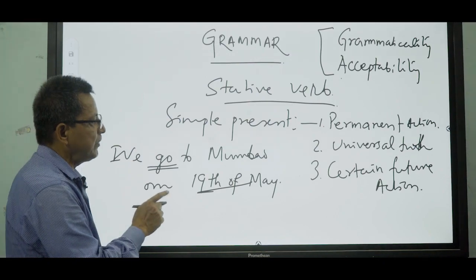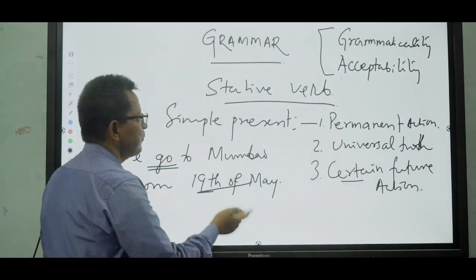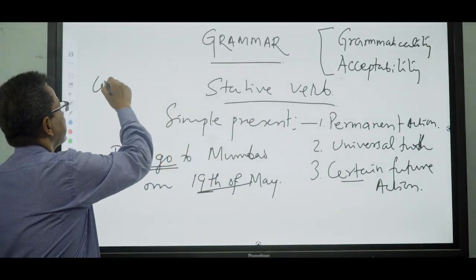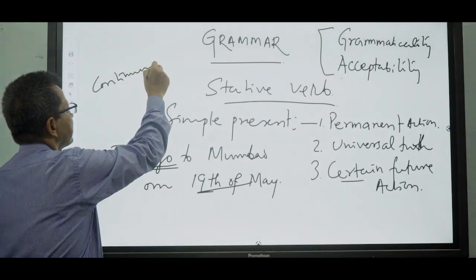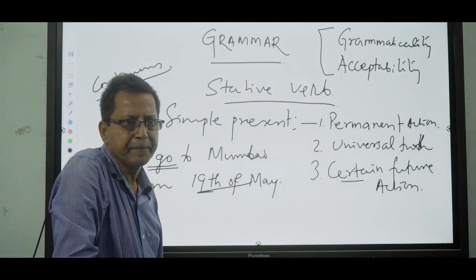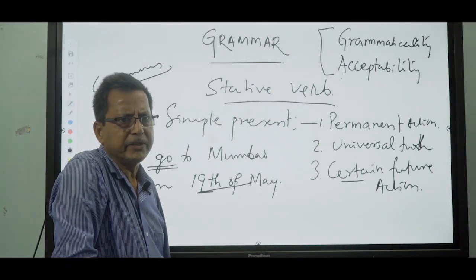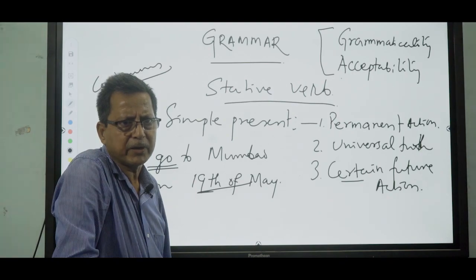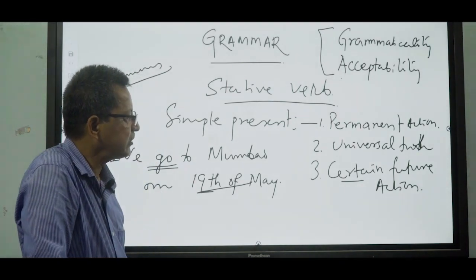Otherwise, if it is not certain, then you will use the continuous form. We are going to Mumbai next week. We are going to Delhi, like this, if it is not certain.